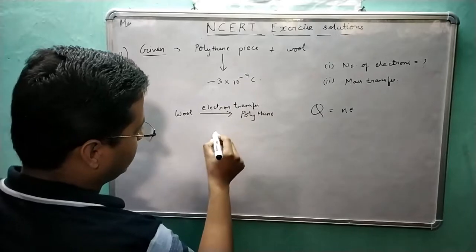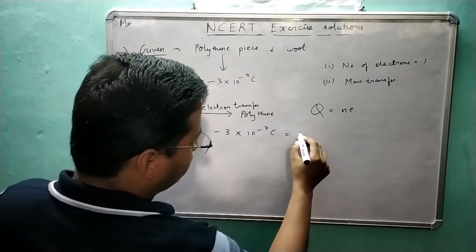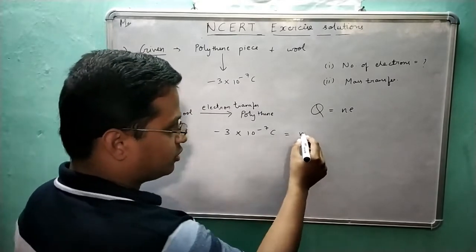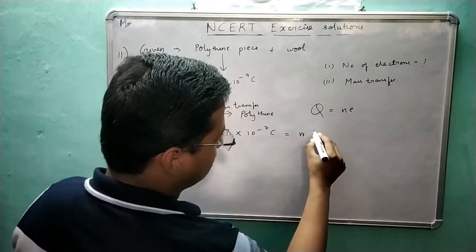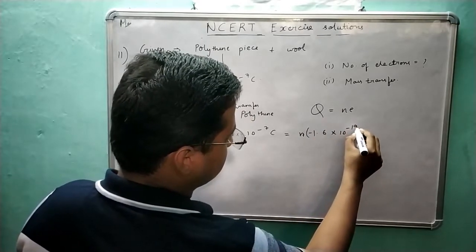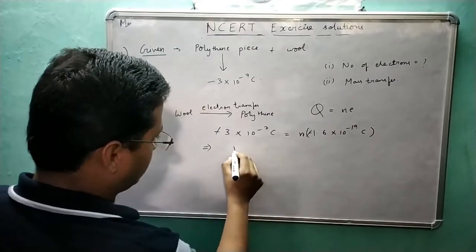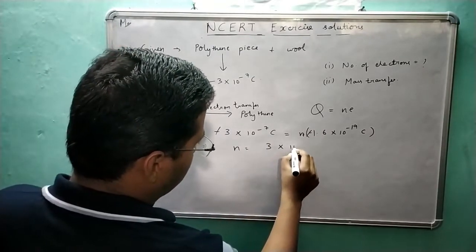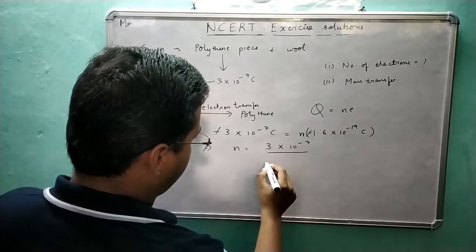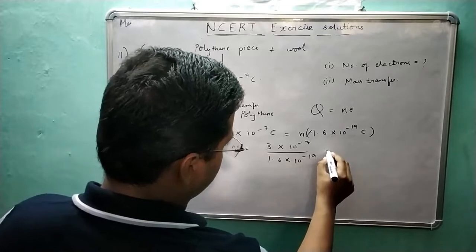So Q is minus 3 into 10 to the power minus 7 coulomb. N, we have to find, is the number of electrons, and e is the charge of a single electron, that is minus 1.6 into 10 to the power minus 19 coulomb. So minus and minus will cancel. So N will be 3 into 10 to the power minus 7 by 1.6 into 10 to the power minus 19.